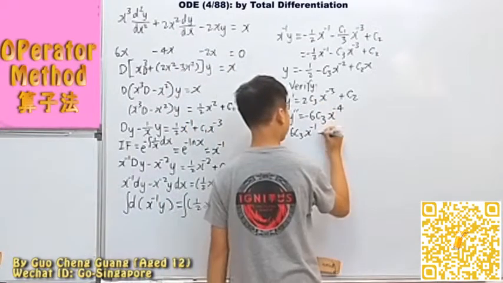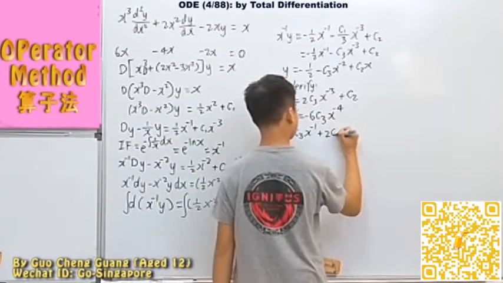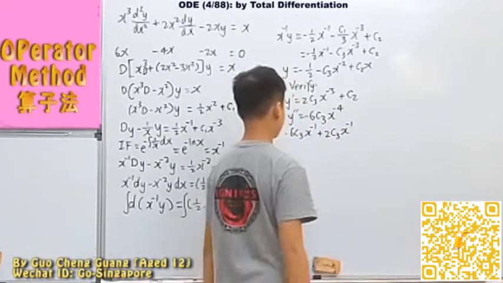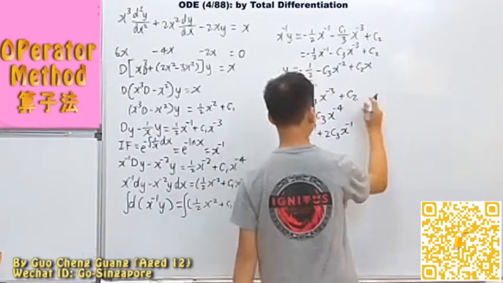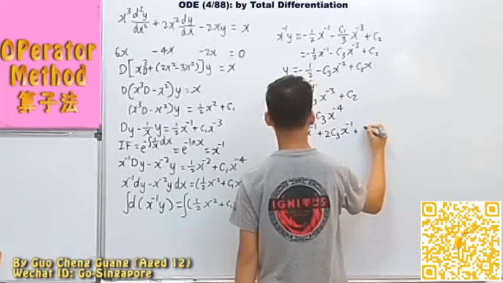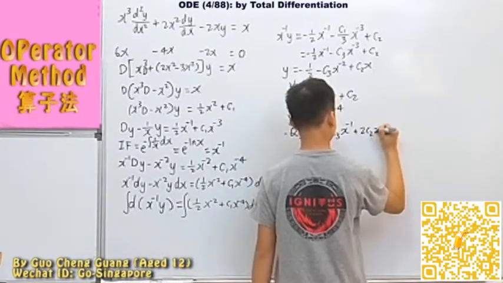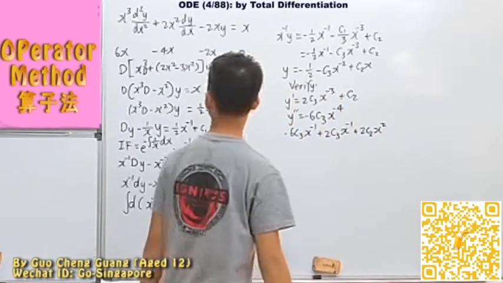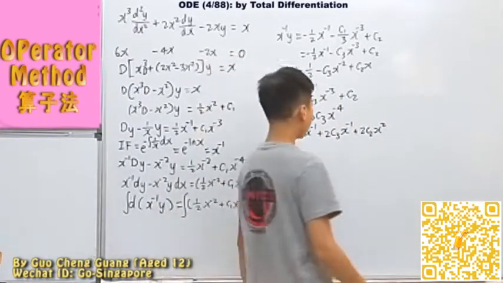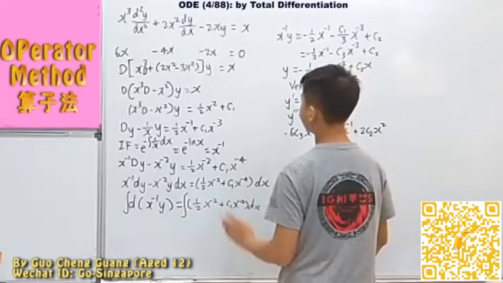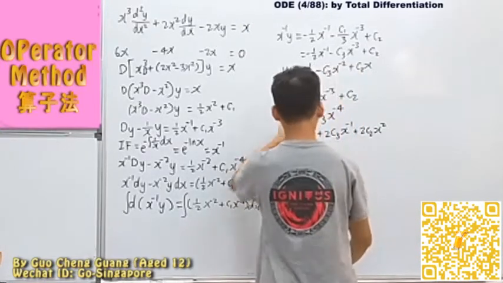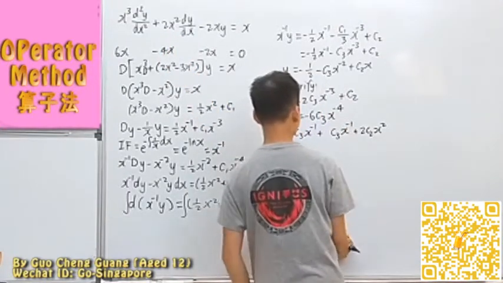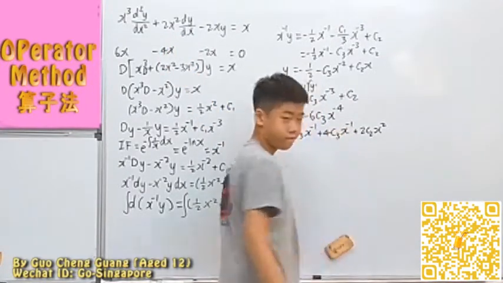So 2c3 the x squared, from here you get x to the power of negative 1. 2x squared. But wait a second, here you already have a 2, then here you need times another 2. So that means you get 4.